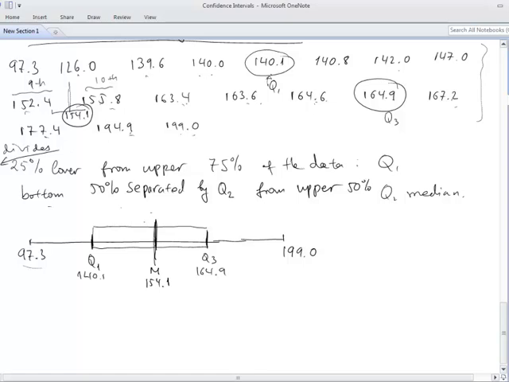Now, the midpoint between Q1 and Q3 would be somewhere here, and that would be exactly 152, something like that. And if you see that difference between the midpoint and the median, it's only roughly 2 points, and the distance between Q1 and Q3 is quite significant. It's about 24 points, so 2 divided by 24 essentially is 1/12. So it's negligible.